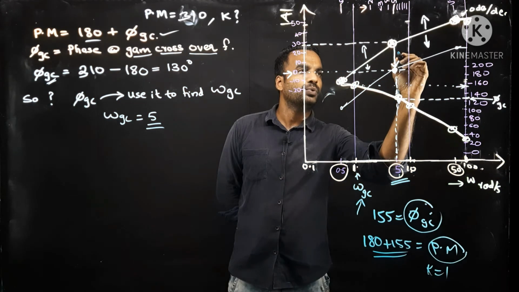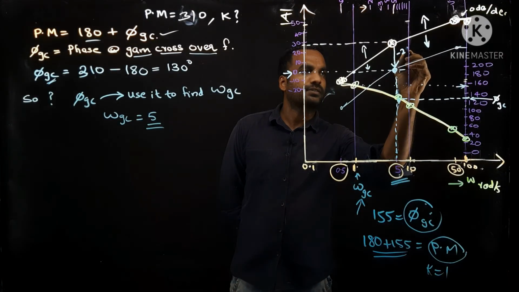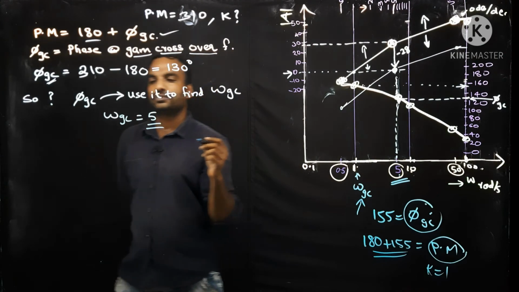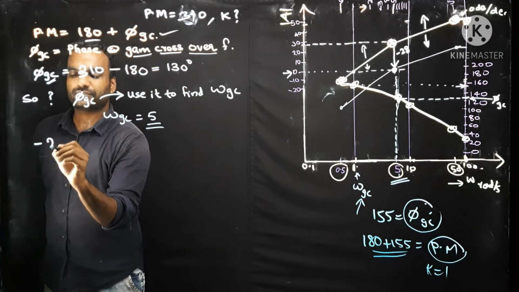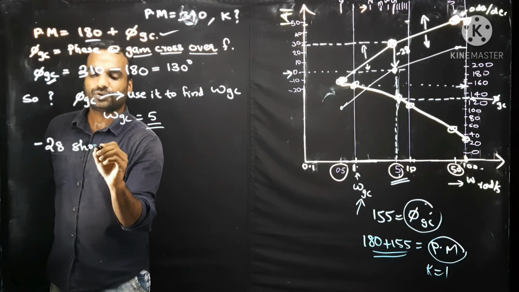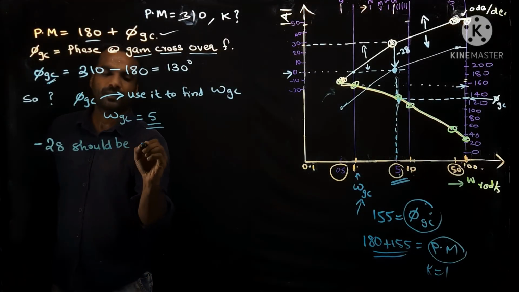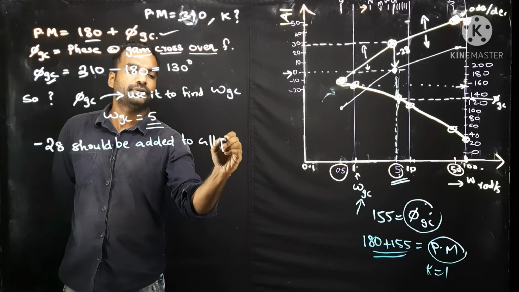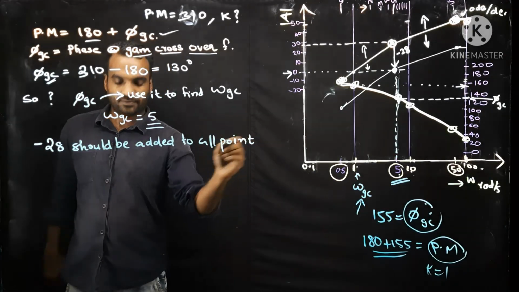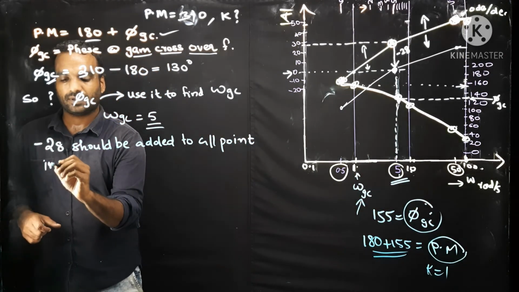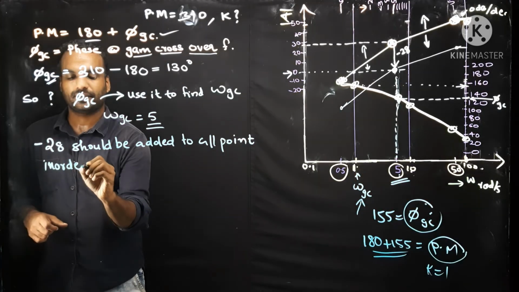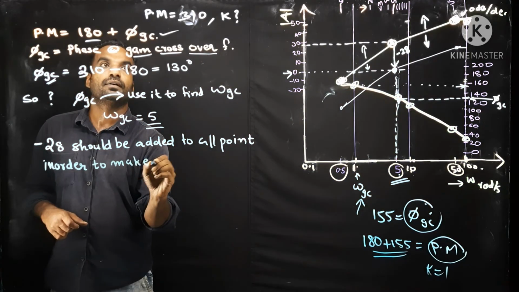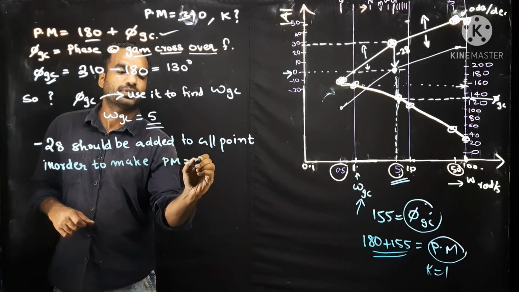So we need to shift it in the negative direction. Minus 28 should be added to all points in order to make phase margin equal to 310.